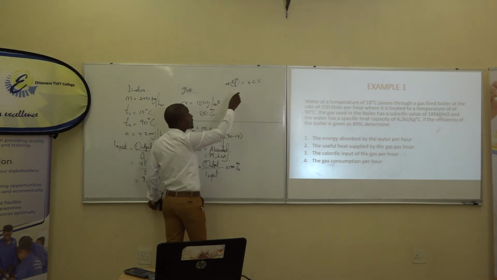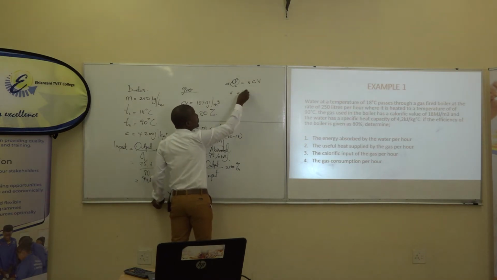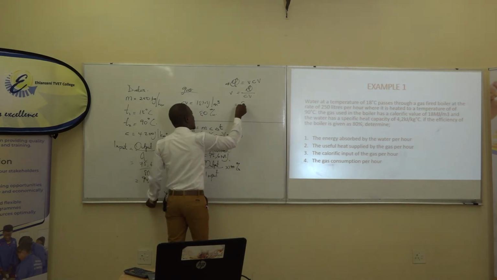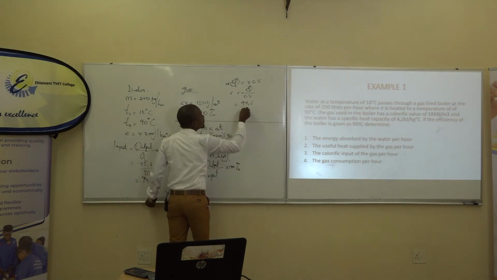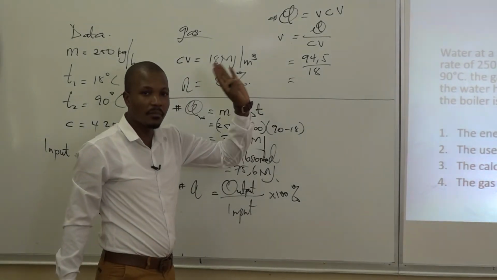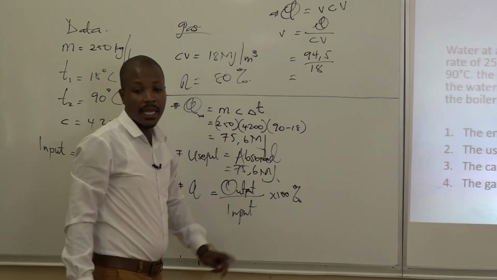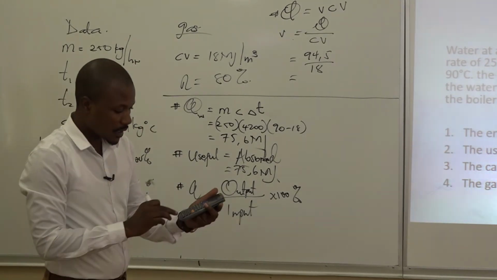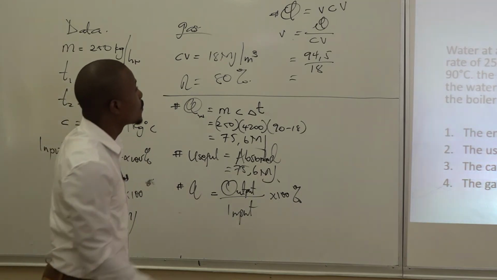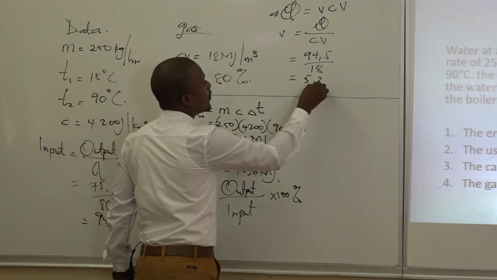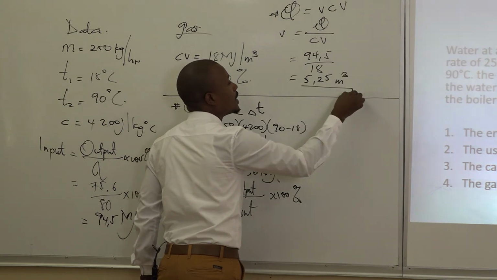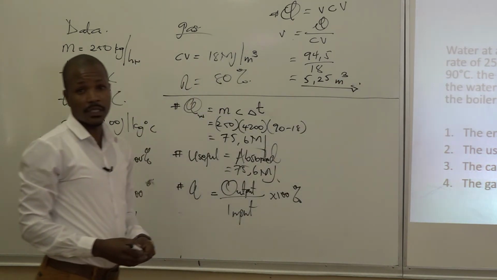Because this is a gas, V will be equal to Q over CV, which is 94.5 megajoules divided by 18 megajoules. This should give us 5.25 meter cubed.